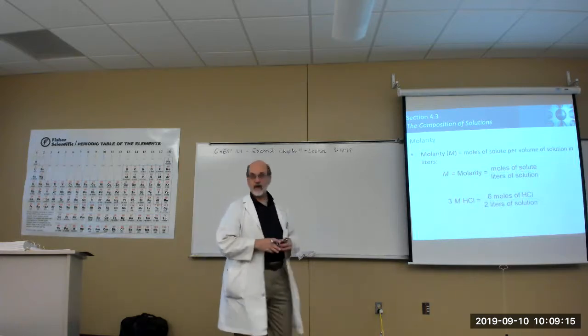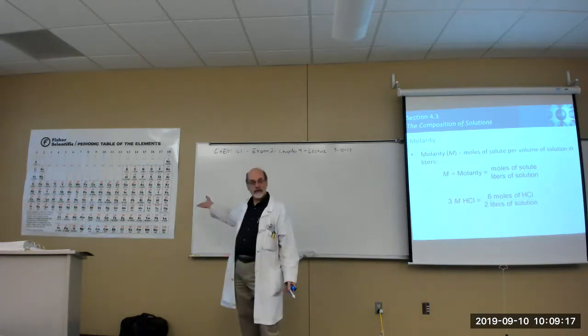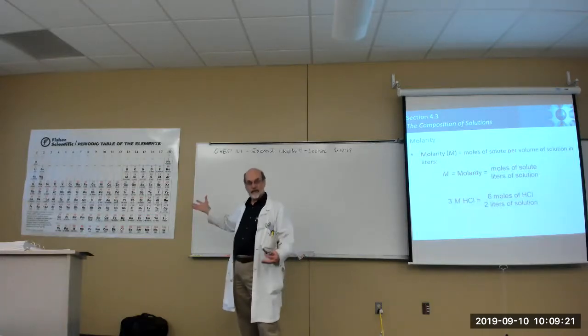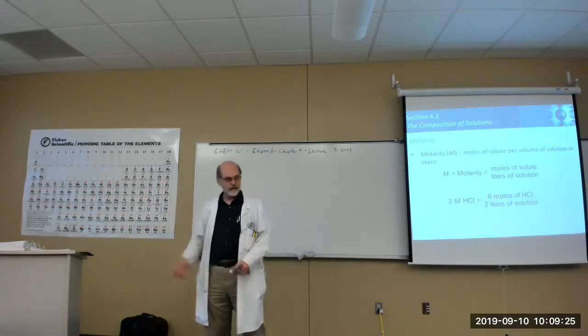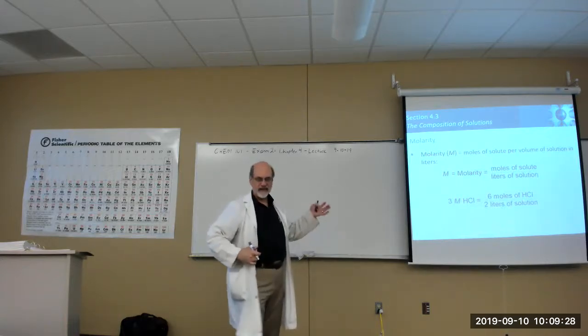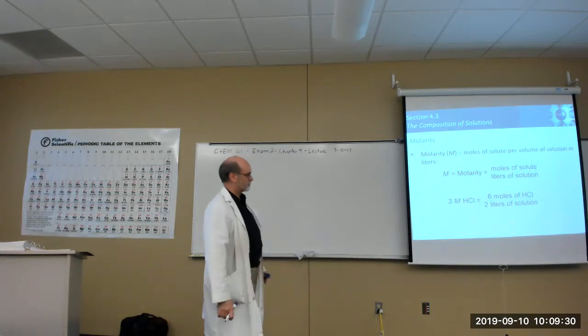Big M is chosen because there are no symbols on the periodic chart that correspond to a single M. There are M's there, but they all have double letters. So we're safe with using a big M to represent molarity.